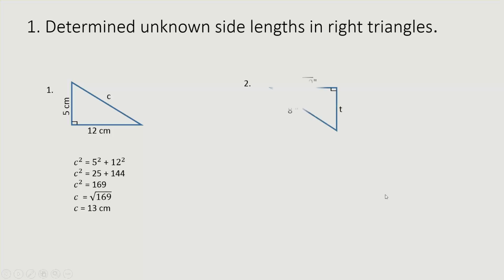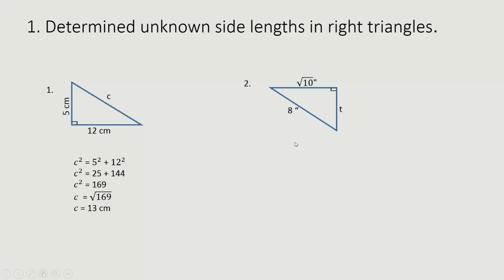The second example. The length of the hypotenuse is 8 inches, while the length of one leg is square root of 10 inches. The question is, what is the length of the other leg? From the previous slide, we know that the square area on one leg is equal to the square area on the hypotenuse minus the square area of the other leg.